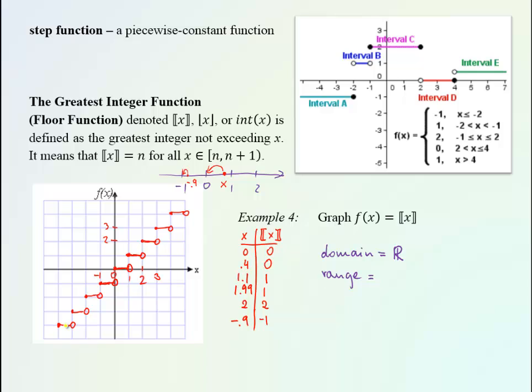Observe that to get the range, we project the graph onto the y-axis. So we'll get this point and that point and this point and this one and 0 and 1 and 2. And as you see, those will be all integers. So it will be Z, capital Z.